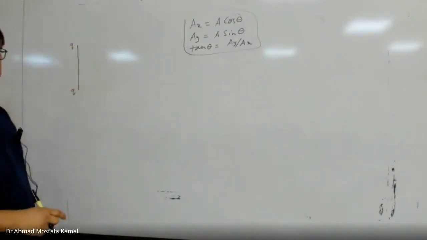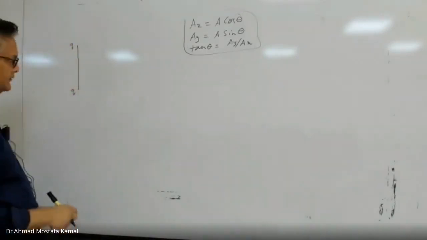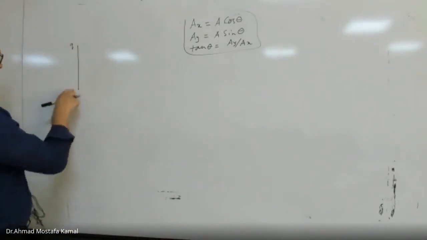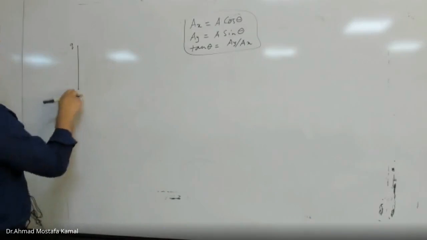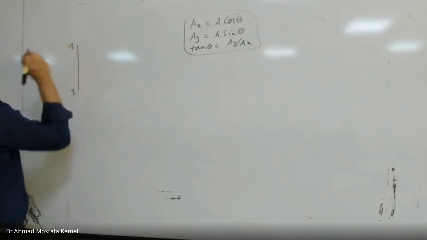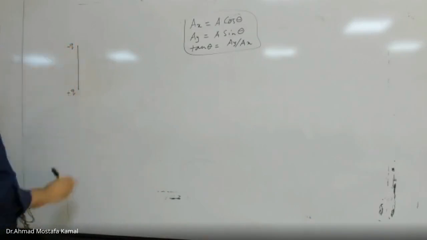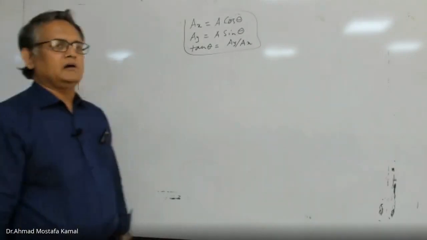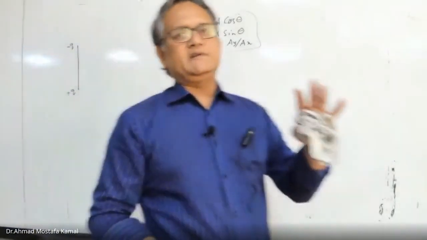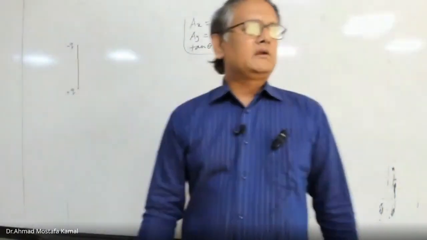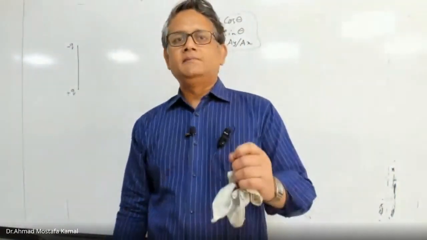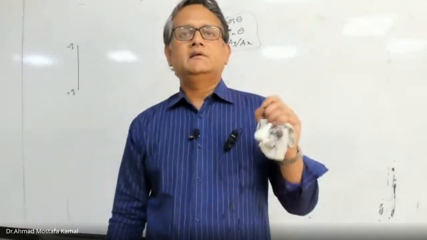Both of them should be q. If one of them is q, the other will be q, but with opposite sign. If one of them is positive, the other is negative. Okay, that's the difference. Equal magnitude and opposite sign placed within a short distance. This configuration is called an electric dipole. Very simple. Then our target is to find out the electric field for this dipole.